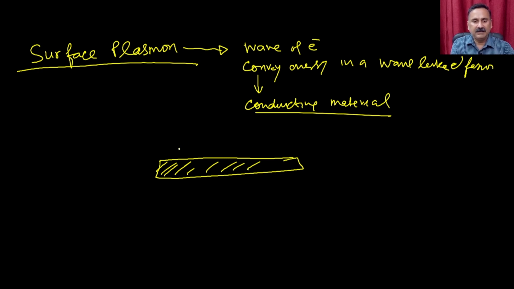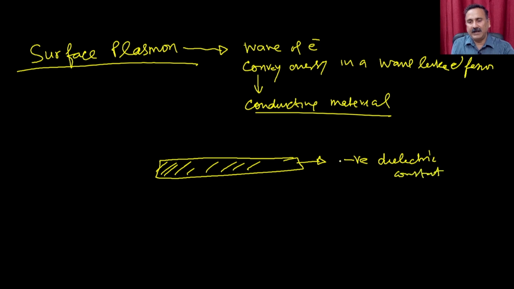What will happen is that gold is very conductive, so it has a negative dielectric constant, right?